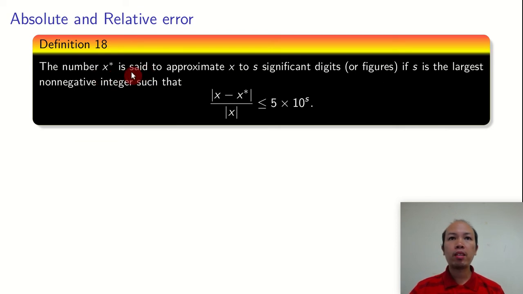The number x star is said to approximate x to s significant digits or figures if s is the largest non-negative integer that will satisfy this inequality. Remember that this inequality is the relative error. The upper bound is 5 times 10 to the power of negative s. In this definition, you are going to find the value of s.